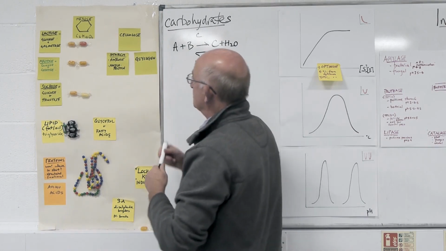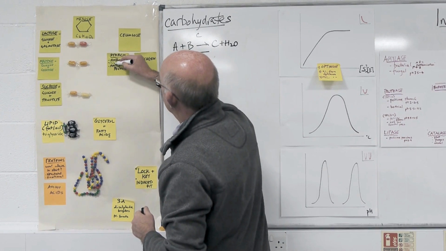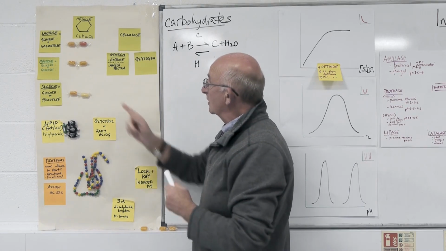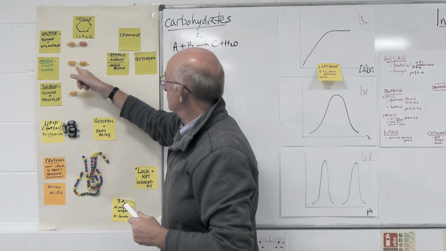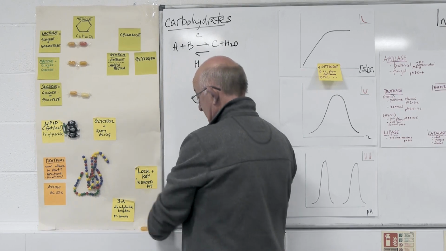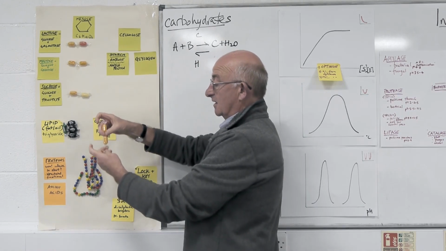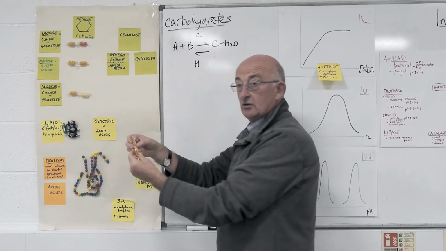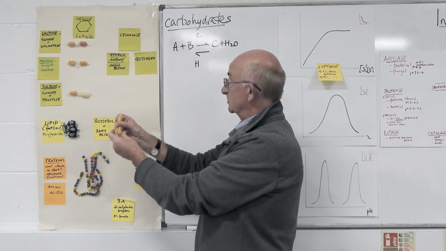The starch that most of us will be familiar with is actually a compound called amylose, and amylose is a long chain of glucose sugars joined together. If I had thousands more sweets, then I'd make a great big long chain of amylose.